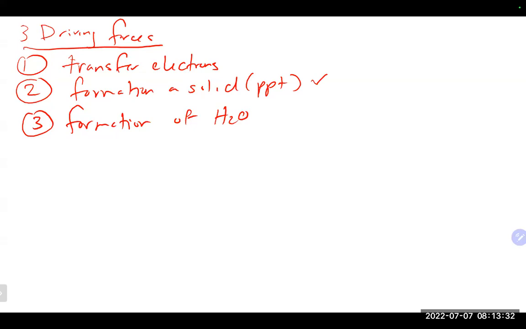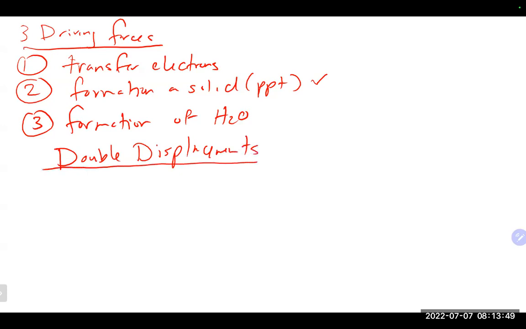But overall, there are two big categories of reactions. One that we started talking about last time is double displacement reactions. Double displacement is like the big umbrella under which a more specific classification can happen.